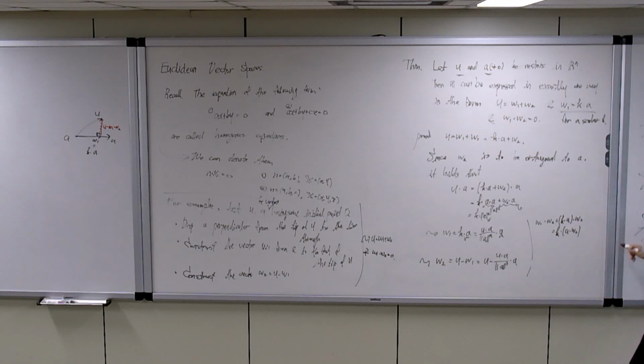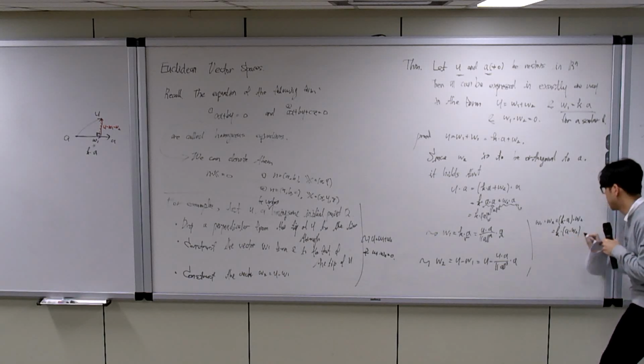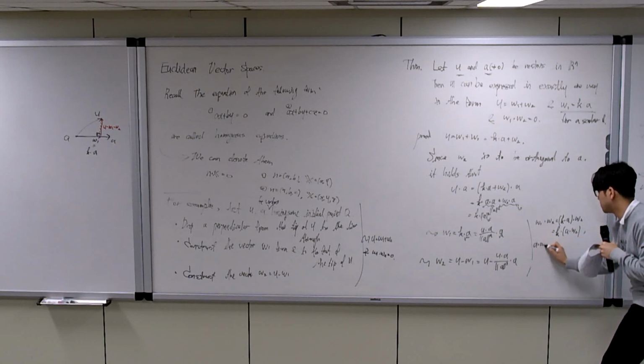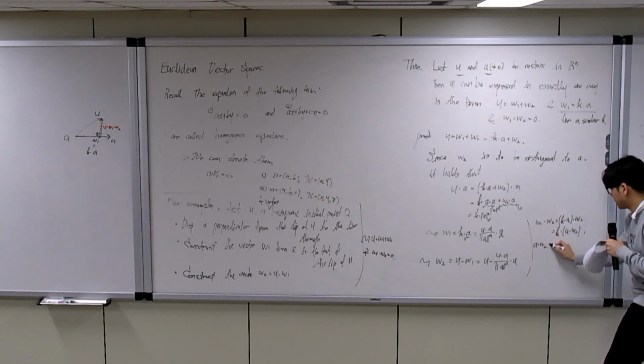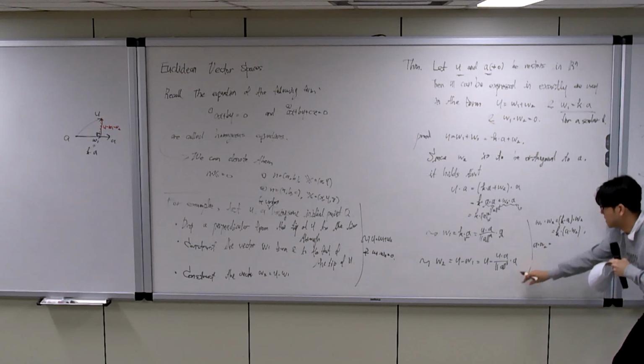It has the associative rule, so we will calculate a dot product w2, and w2 was this vector.